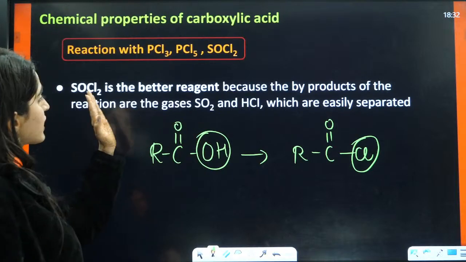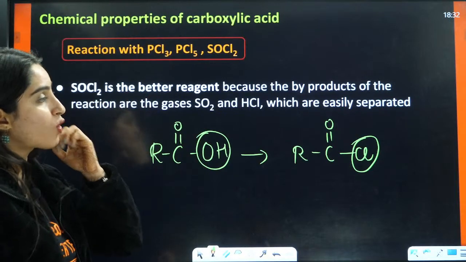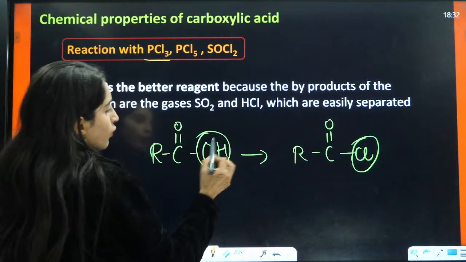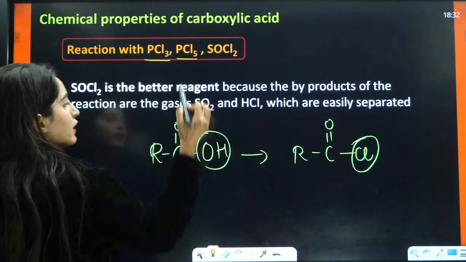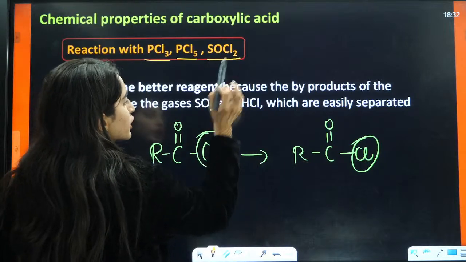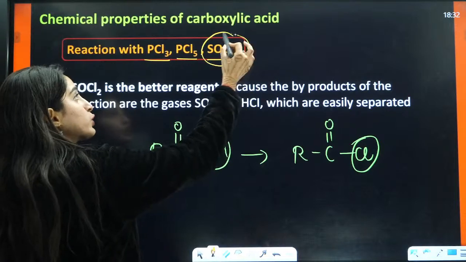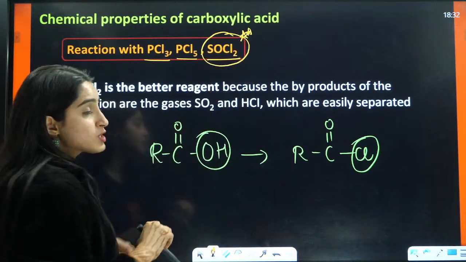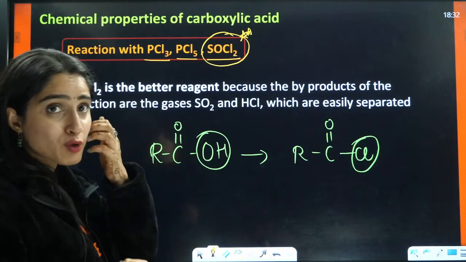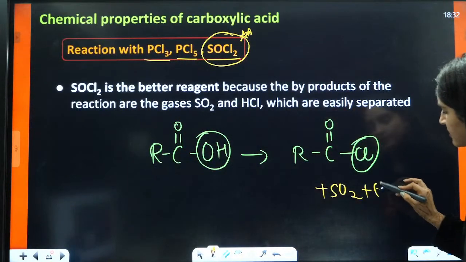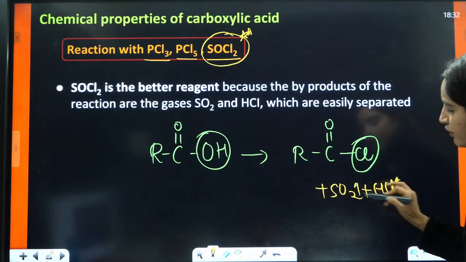SOCl2 is the better reagent because, even with PCl3, OH is replaced by Cl; with PCl5, OH is replaced by Cl; and with SOCl2, OH is replaced by Cl. But why is SOCl2 the best reagent out of these? Because the side products formed are SO2 and HCl, and both are gases.